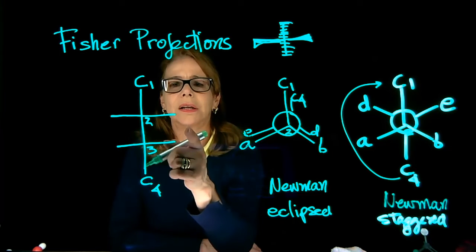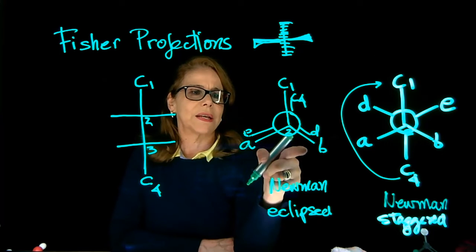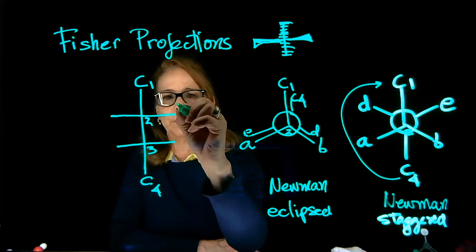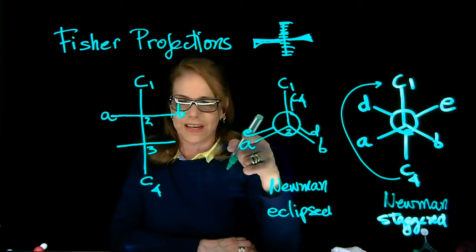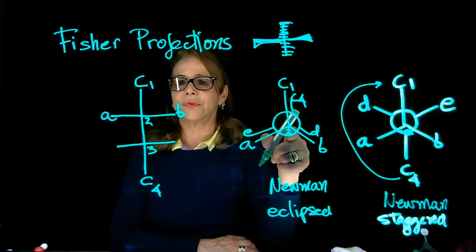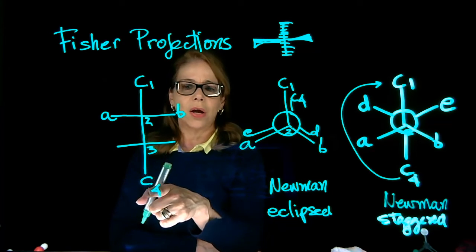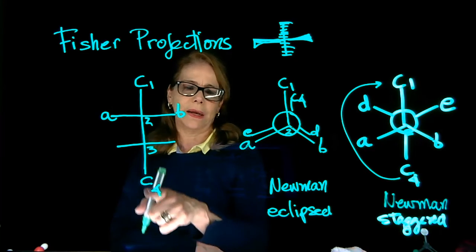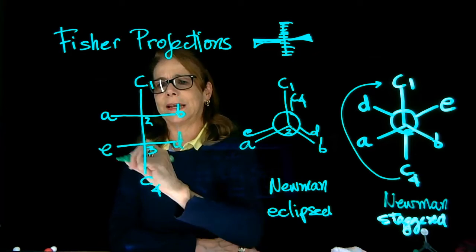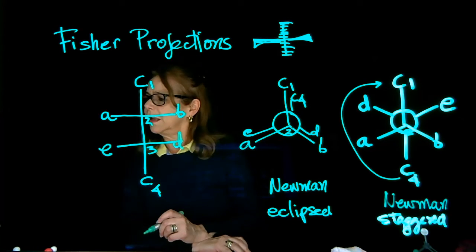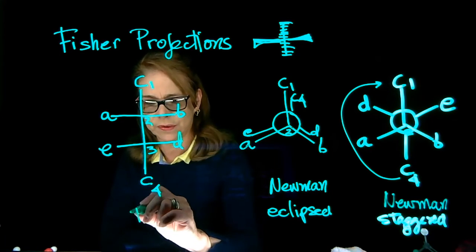Now, what's on each side? To the right side here, on C1, I have B, and then I have A. So I'm drawing what is connected to C2. And now connected to C3 in the back, I already drew C4, and then I have D and E, right? And so that's my Fischer projection.